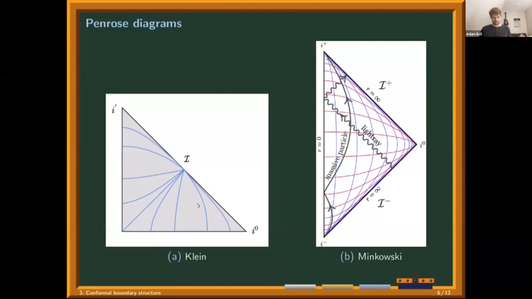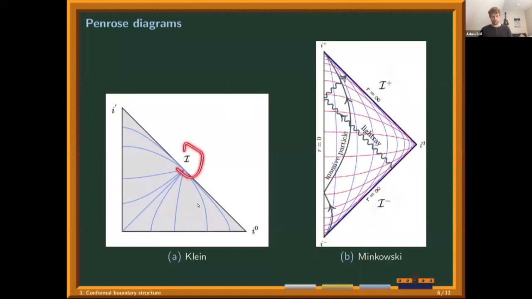So that ability to rotate rather than just boost between time directions within Klein space is a pretty distinctive property, which causes, for example, that in Minkowski space we have future and past time-like infinities, but in Klein space we just have one time-like infinity, and then in Minkowski you've got scri plus and scri minus.